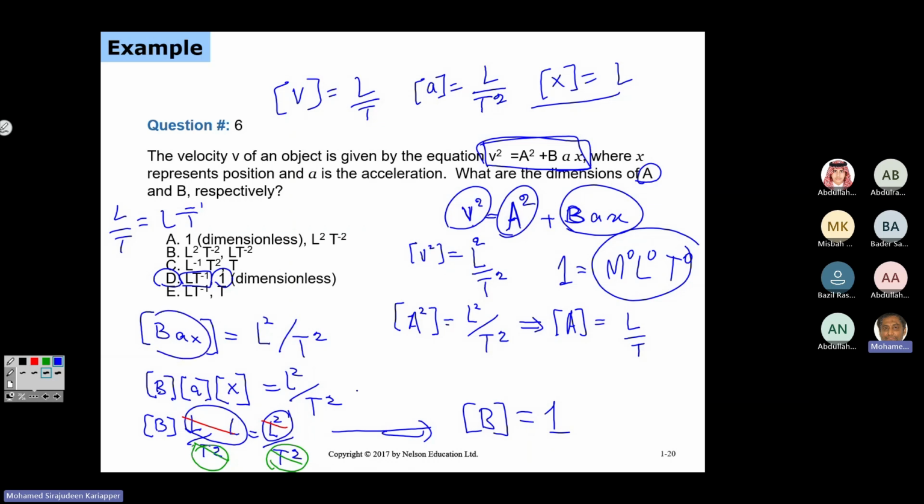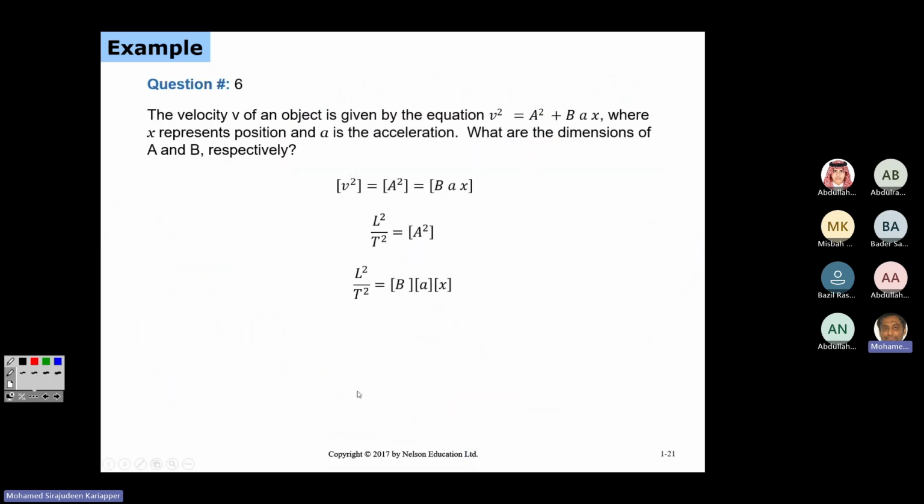The dimension of B is no dimension. The quantity B is a dimensionless quantity. There can be dimensionless quantities. If something is a ratio of the same unit, up and down dimensions cancel, so you have a quantity which is dimensionless. All right, we can go to the next.